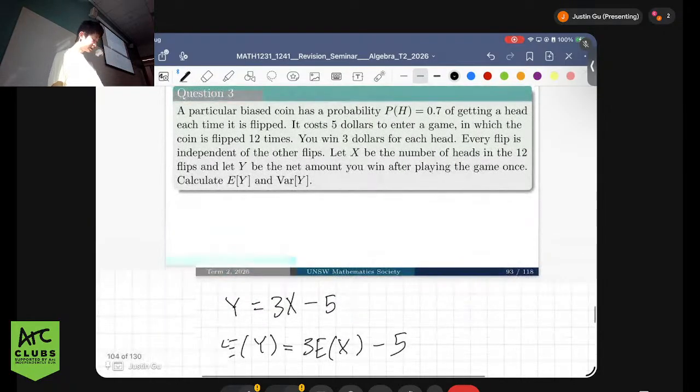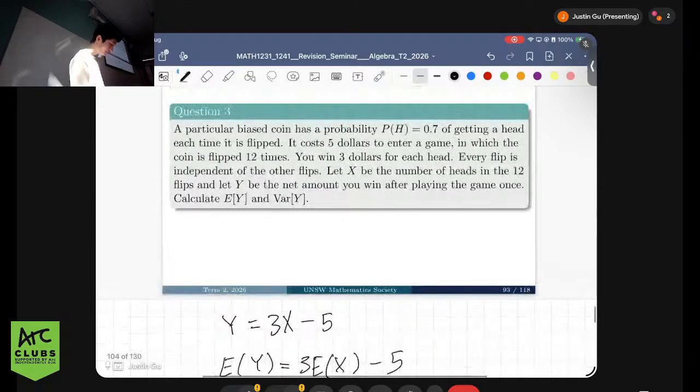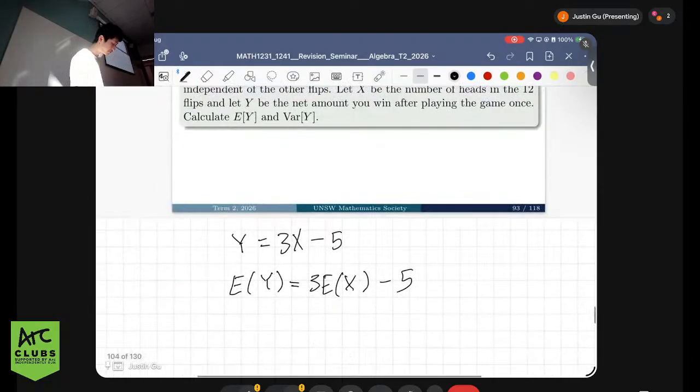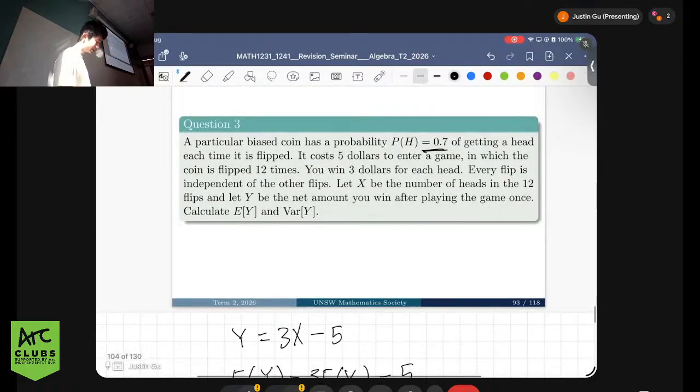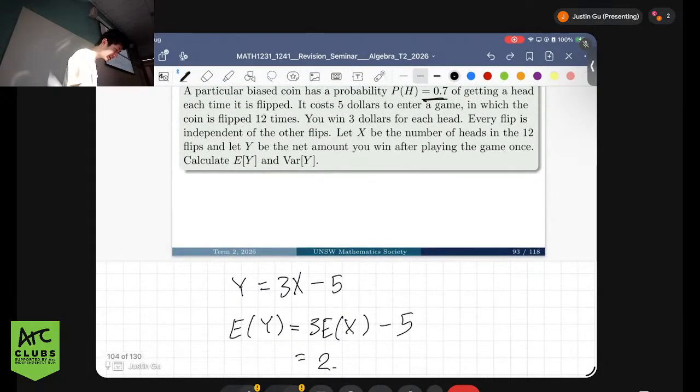X is the number of heads, so in one flip we should expect 0.7 heads on average. So this would be equal to 2.1 minus 5, which is negative 2.9. So we should expect to lose money. Oh, the coin is flipped 12 times. Sorry, X is not that. X is a binomial distribution, right?